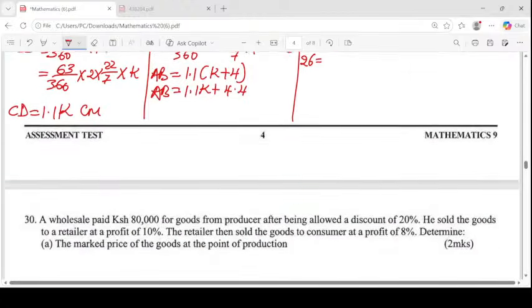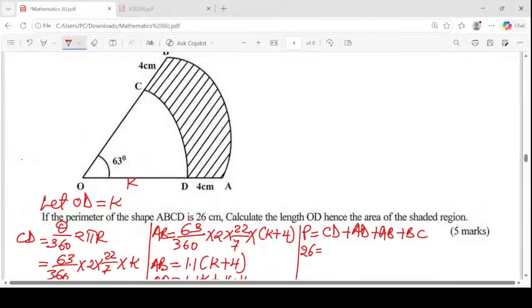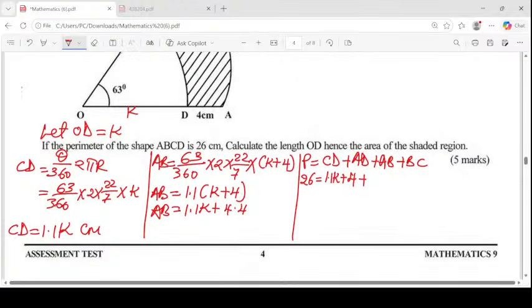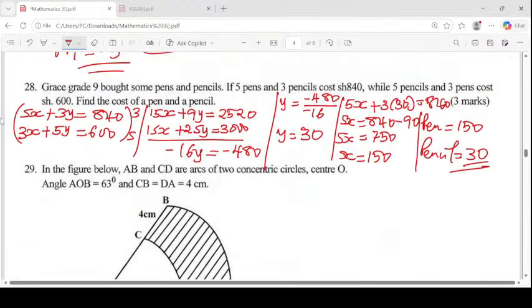I've gotten my CD as 1.1 K, plus AD, which is 4, plus AB. My AB is 1.1 K plus 4.4, plus BC. BC is also 4.